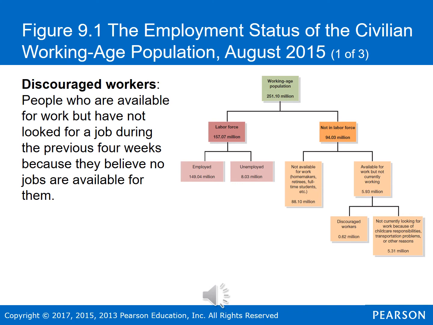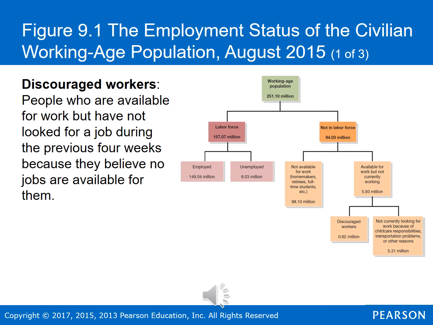In this slide, we have figure 9.1, which breaks down the entire working age population into different categories that we can classify workers as. So we have first the entire working age population, so everyone above 16 years old. We can then split them into the labor force and those not in the labor force. Those in the labor force can be split into the employed workers and unemployed workers.